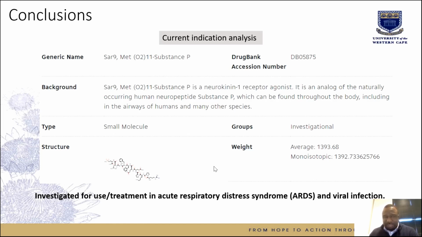So that was quite an interesting find, that this has already been investigated, and we've been able to show at the molecular level that this compound might also be beneficial in the related viral infection that causes distress in the respiratory system.